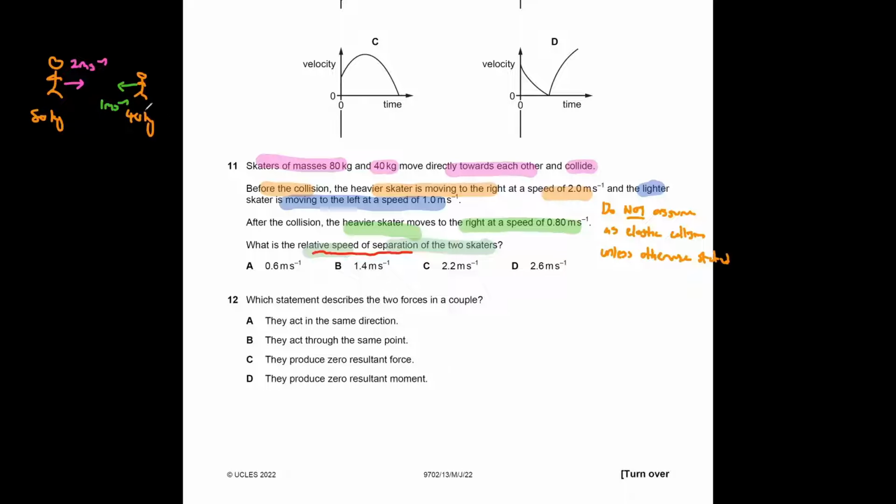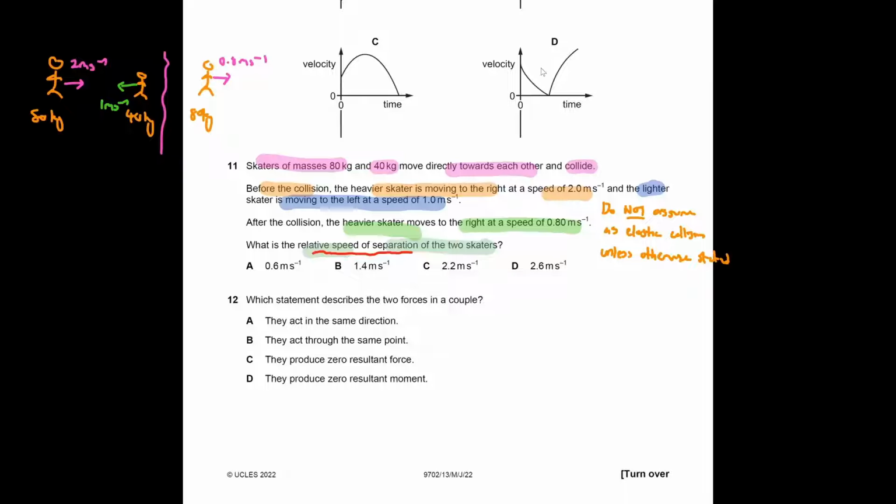After collision, the heavier skater still continues moving towards the right, but at a lower speed of 0.8 meters per second.